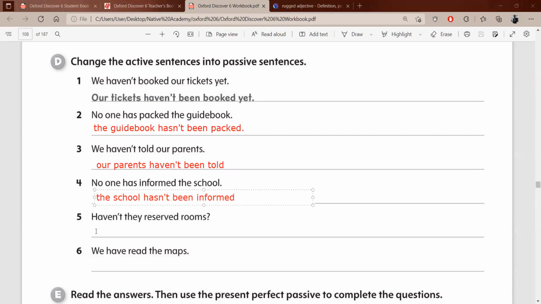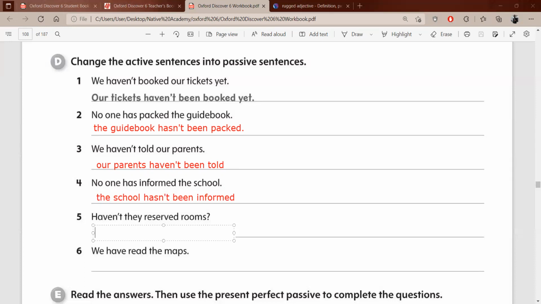They haven't reserved rooms. What's your answer? Take your time.